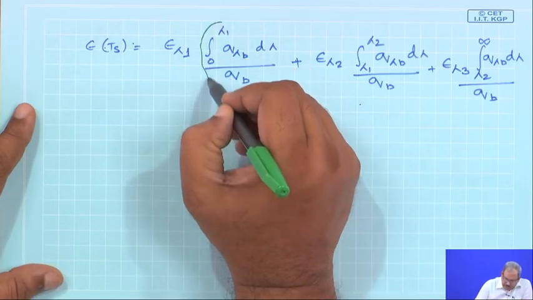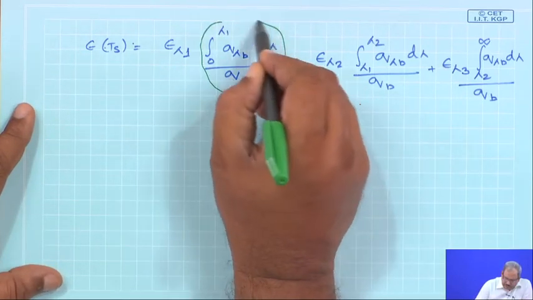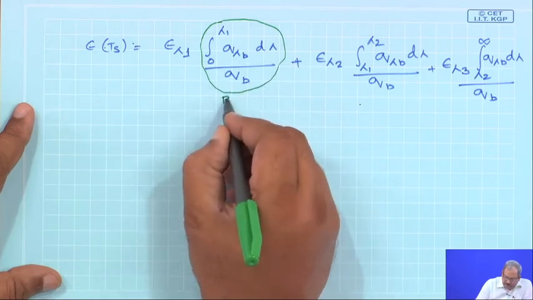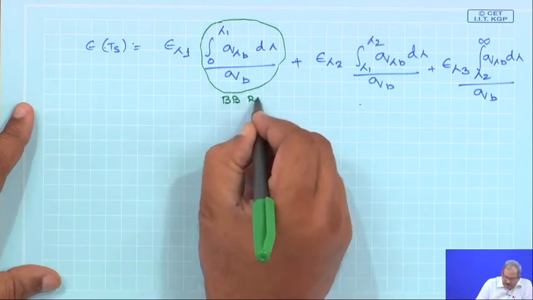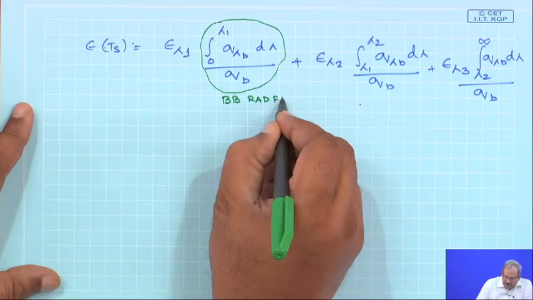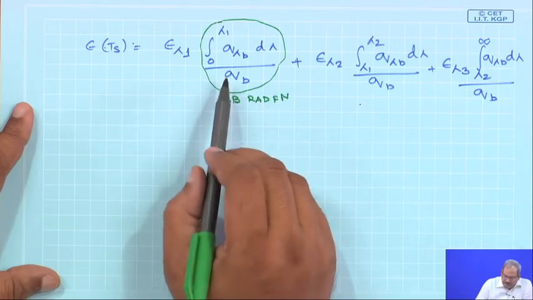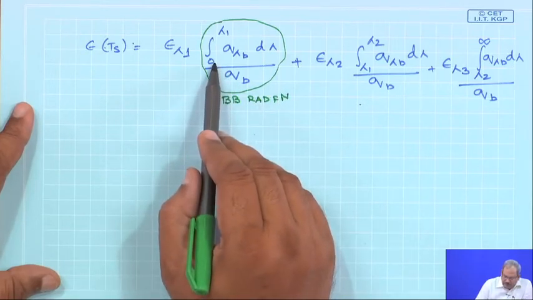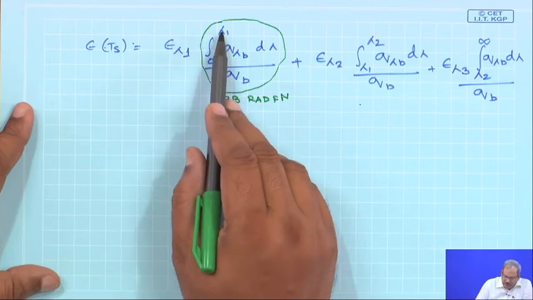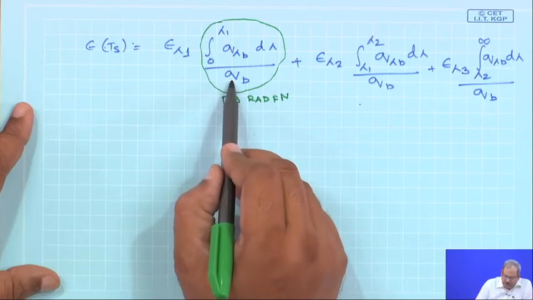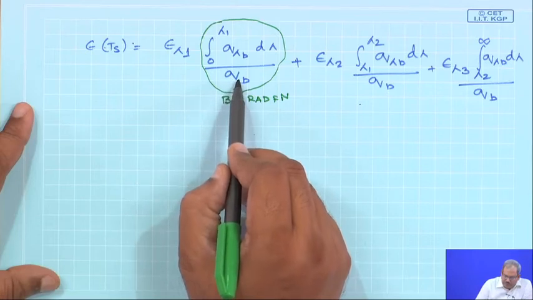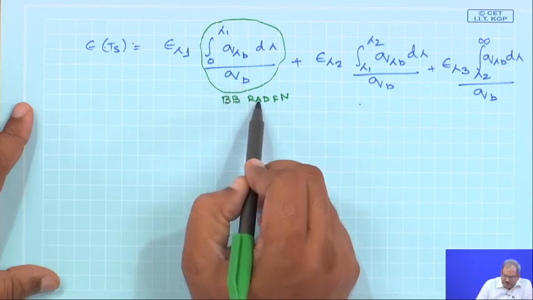Now, if you look at this part only, it is nothing but the black body radiation function. It tells you what fraction of energy is going to be contained between 0 and lambda 1 for emission from a black body, which is the definition of the black body radiation function.